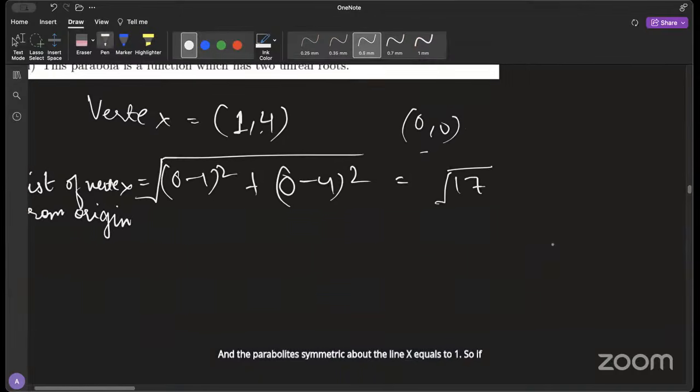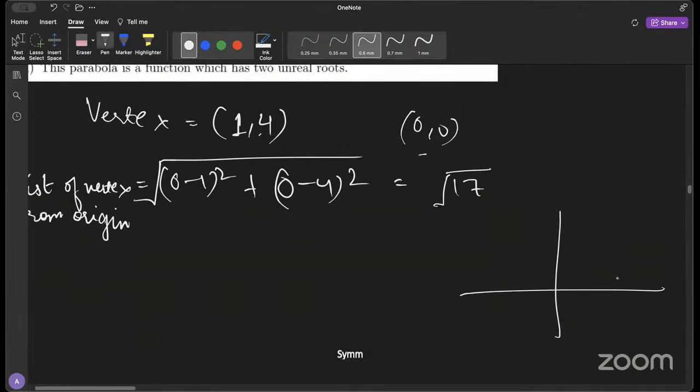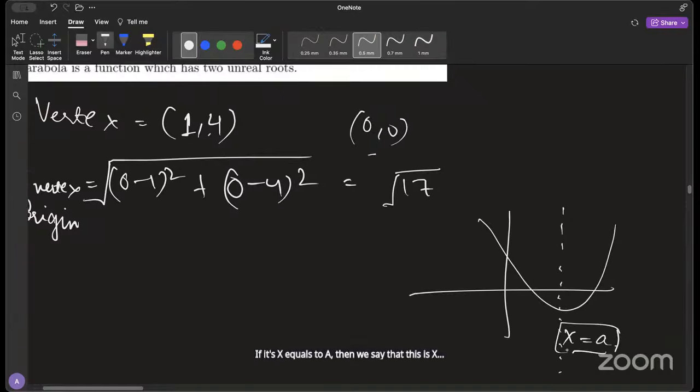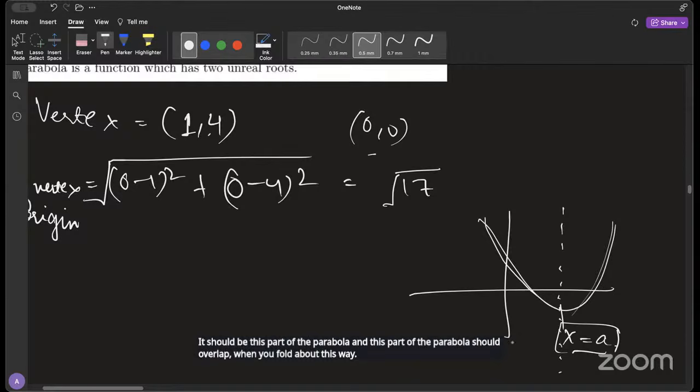So if you have a parabola symmetric about the line x equals a, let's say this is the parabola and this is the axis of symmetry, if it's x equals a, then axis of symmetry being x equals a means when you fold about this line, this part of the parabola and this part of the parabola should overlap.